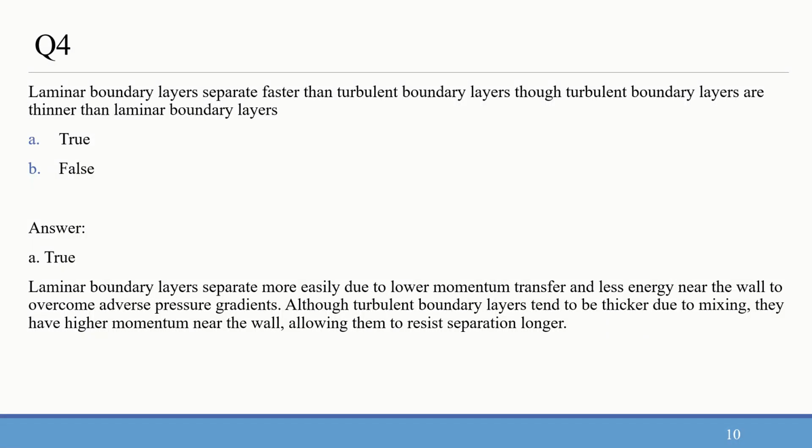Turbulent boundary layers resist adverse pressure gradients for a longer time because they transport higher energy fluid from the outer part of the boundary layer. This added energy gives the fluid more momentum and allows it to withstand a stronger pressure gradient before it separates, making separation a slower process.